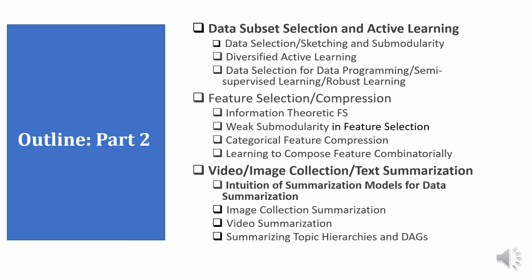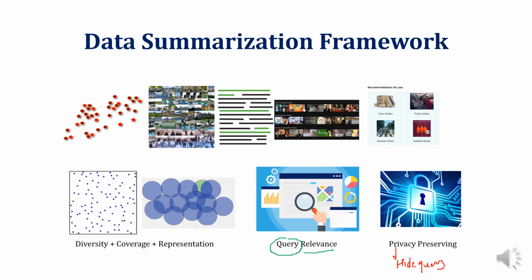Now move on to the final part of this presentation, which is video, image, text summarization. We begin by providing intuition that underlies most of the summarization models. The idea is that you want to summarize a large collection of images or text documents such that the summary has diversity, coverage, and representation.